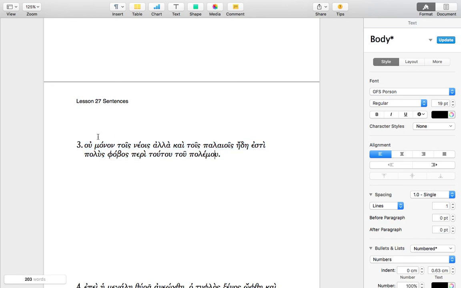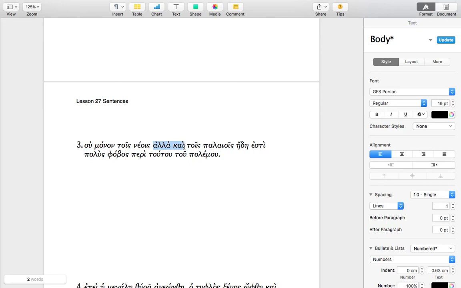So we have umanon tois neois alakai tois palaios ede esti palus fabos peri tutu to palemu. So very literally, well, before I do that, it's worth pointing out when you have an umanon, look for an alakai.